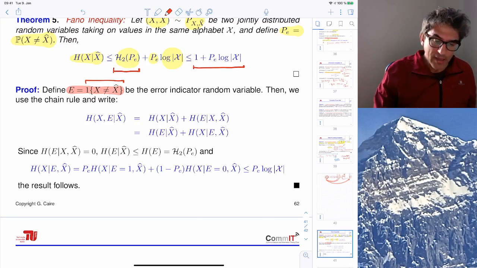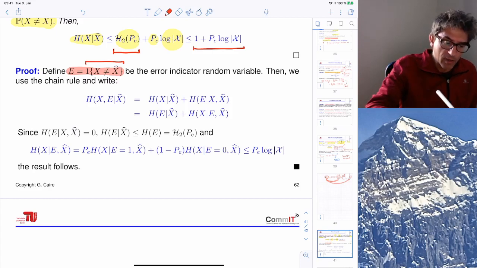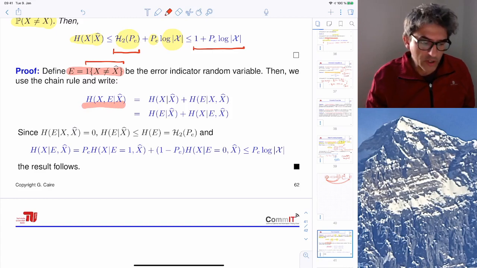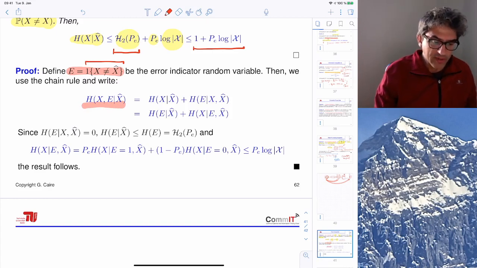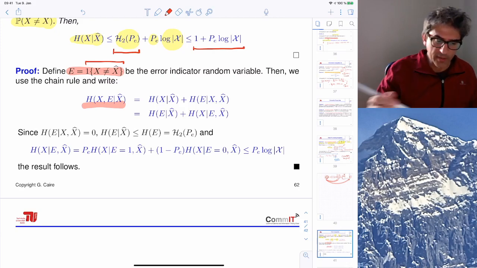Okay, and now we write the following. We write the conditional entropy of x and E given x hat, and we use the chain rule in two different ways.